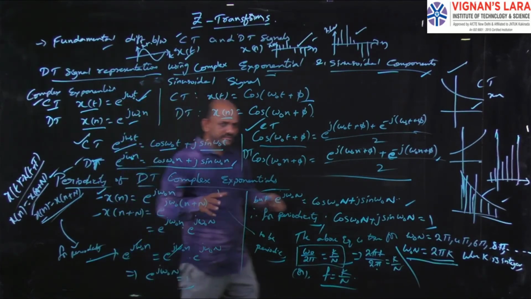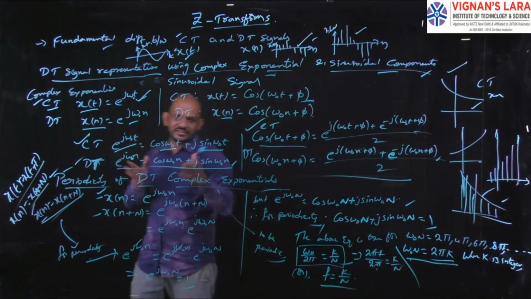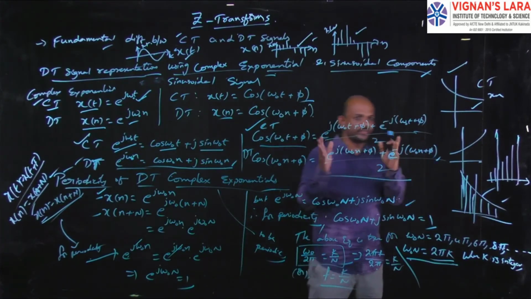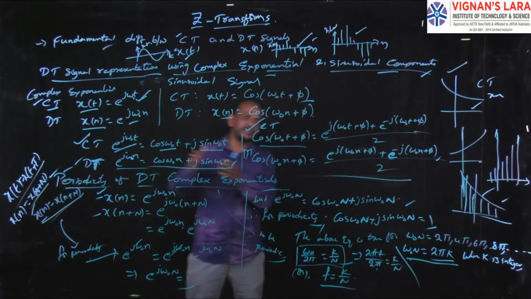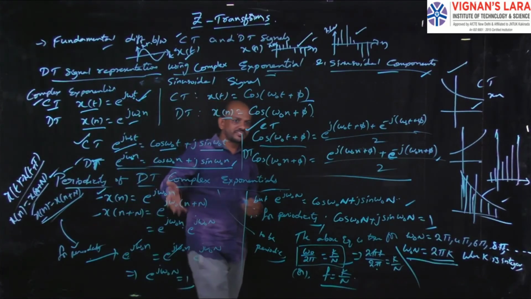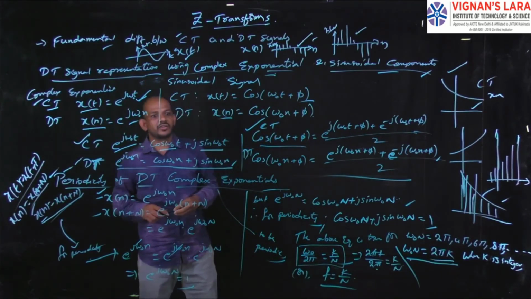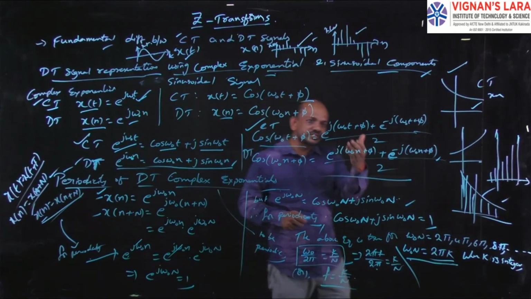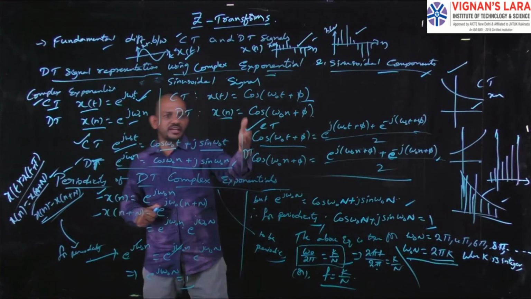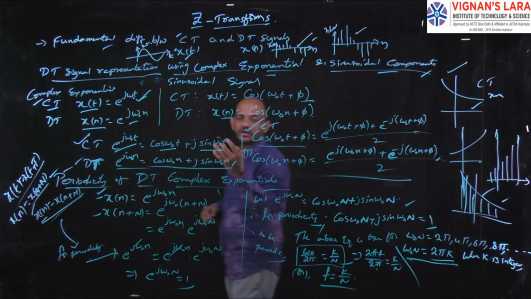So in this class, we covered the basics, that is, continuous time signal and discrete time signal, and continuous time real exponential signal and discrete time real exponential signal waveforms. Because I had already given complete lecture videos on continuous time and discrete time, I already explained these clearly with all the waveforms.